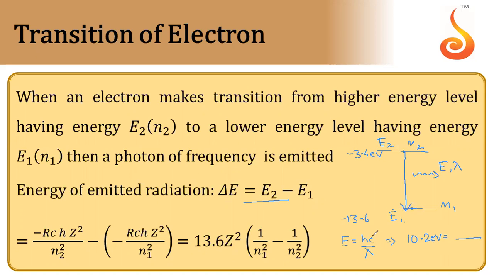We will substitute the hc value in terms of electron volt, because the left hand side is also in electron volt. So you can write it as 1240 divided by wavelength in nanometer. When you use this formula, you will get the wavelength in nanometer directly.